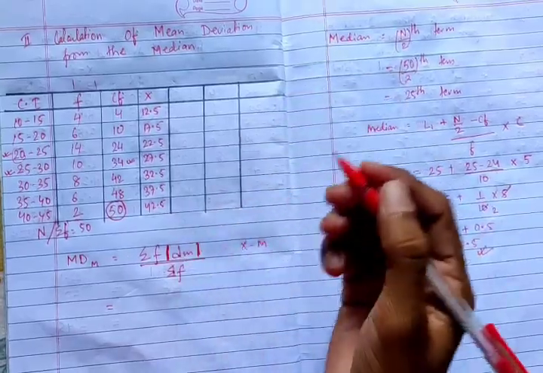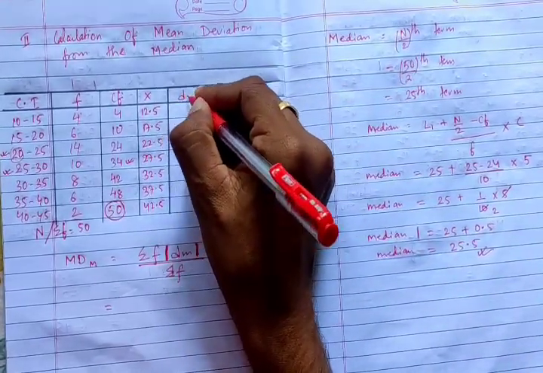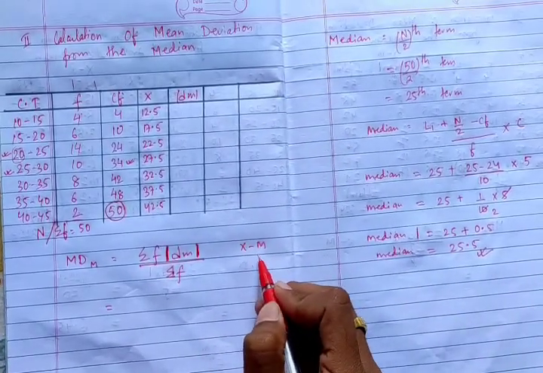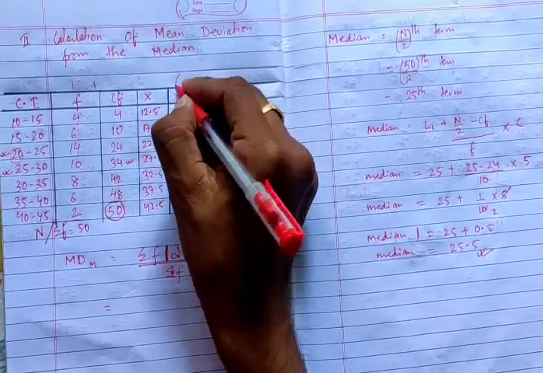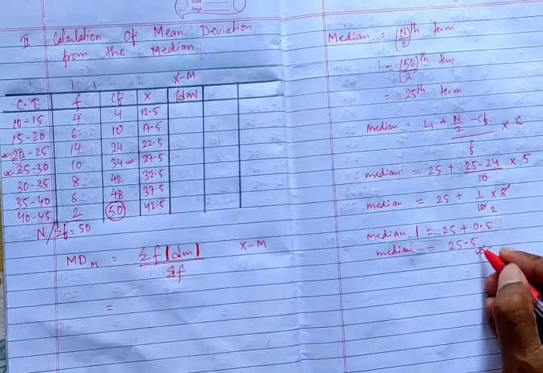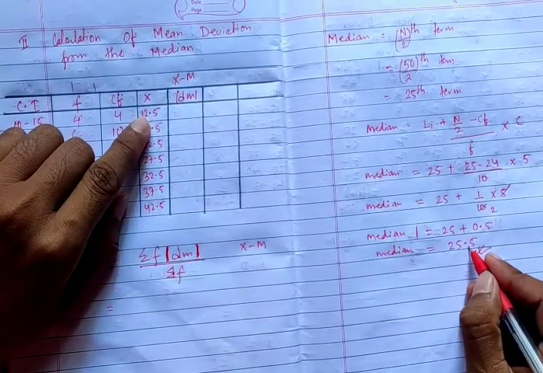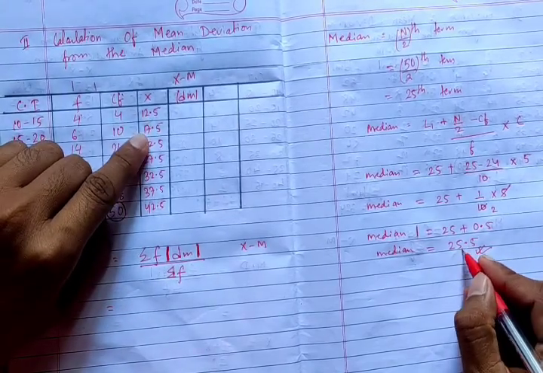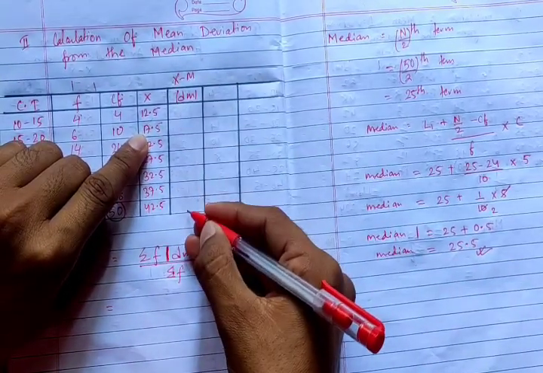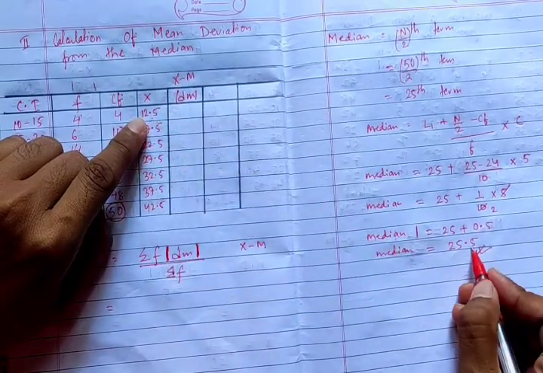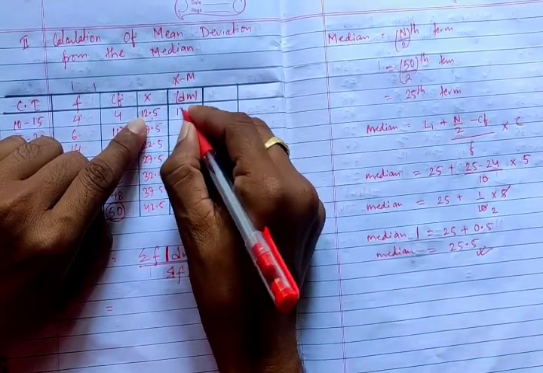Now we have to find DM. So it is under modulus. So we'll use X minus M, so the minus sign we'll ignore. Now what is M? We got 25.5 as M. Now what we'll do? We'll deduct 12.5 minus 25.5, 17.5 minus 25.5. Similarly, we'll find all the numbers of this column. So 12.5 minus 25.5, how much will we get? 13.